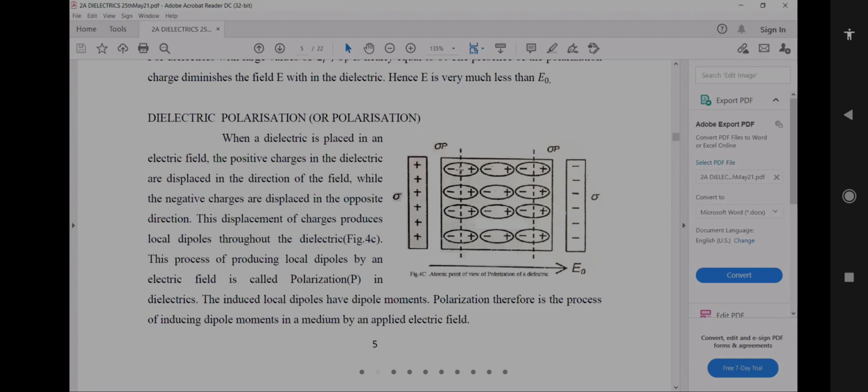Dipole moment means the product of either charge and the distance between the two. But here this distance r is very small, so these charges are bound. Okay, right?